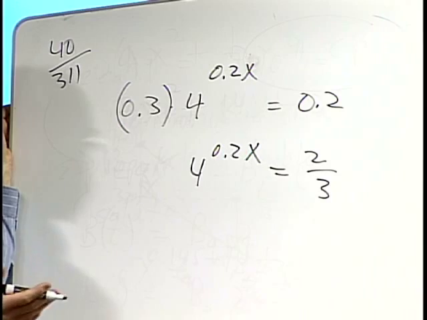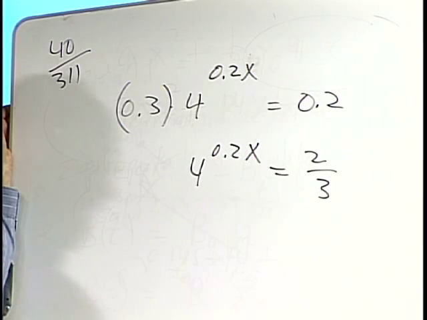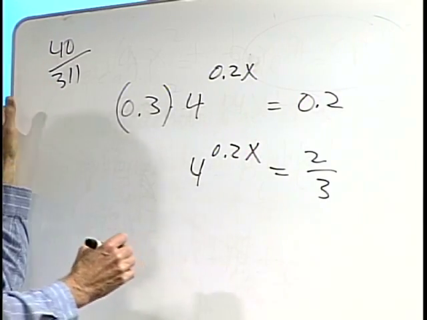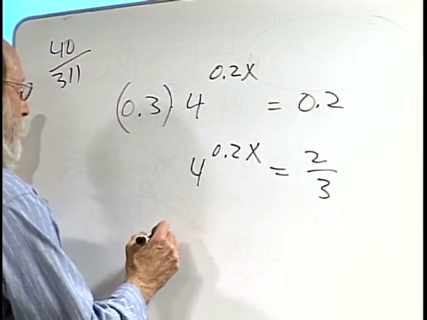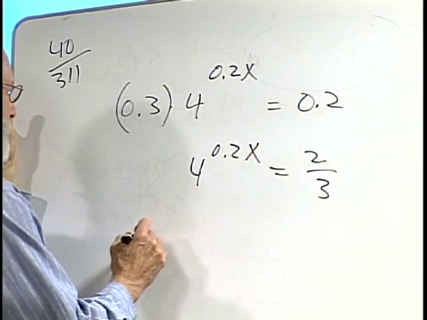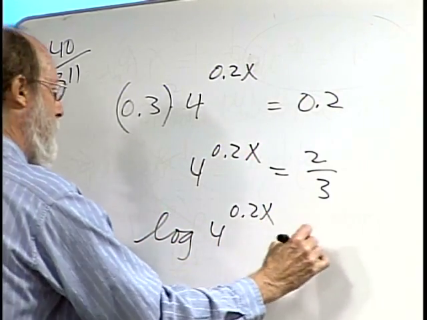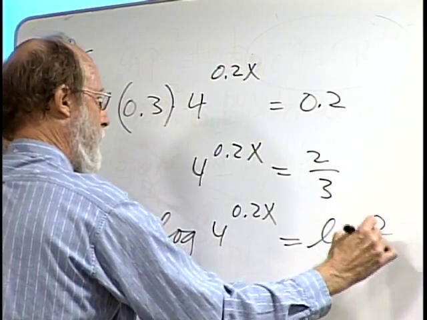At this point, again, we're just going to take logarithms of both sides. I'm going to do it fairly quickly, using base 10 logs. So I'm going to take the log of 4 to the 0.2x equals the log of 2/3.